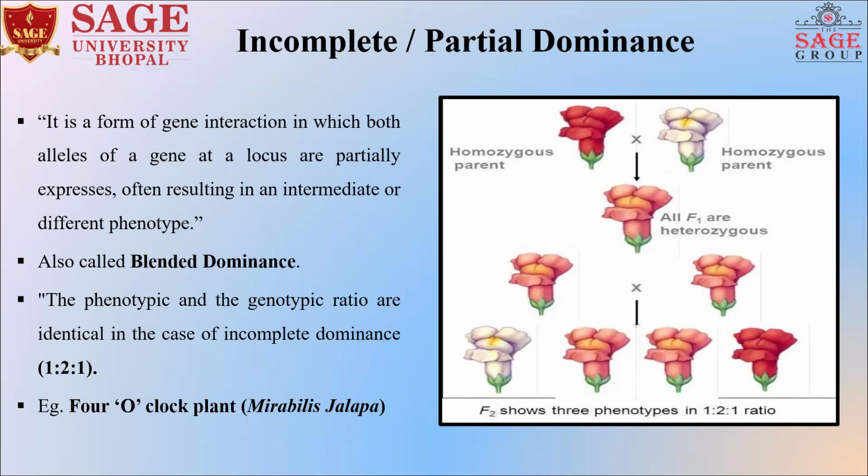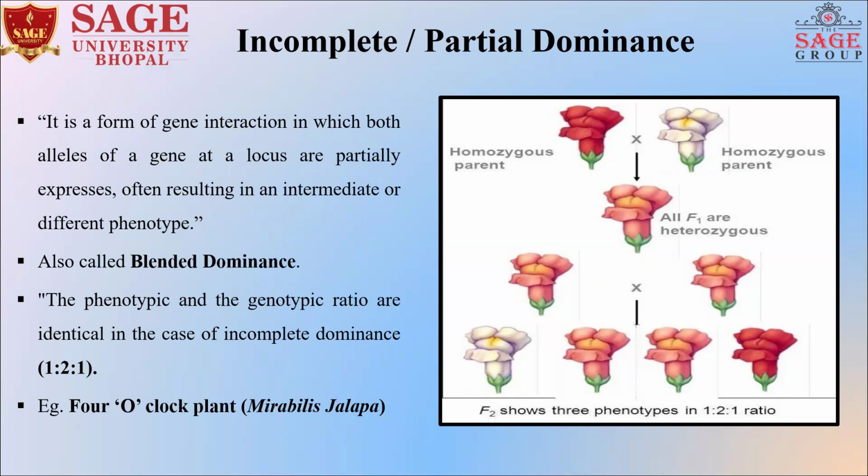That's why it is one type of interaction where the genes at a locus are partially expressed. Means in this F1, some of the color from the male and some of the color from the female is expressing and they are mixed.